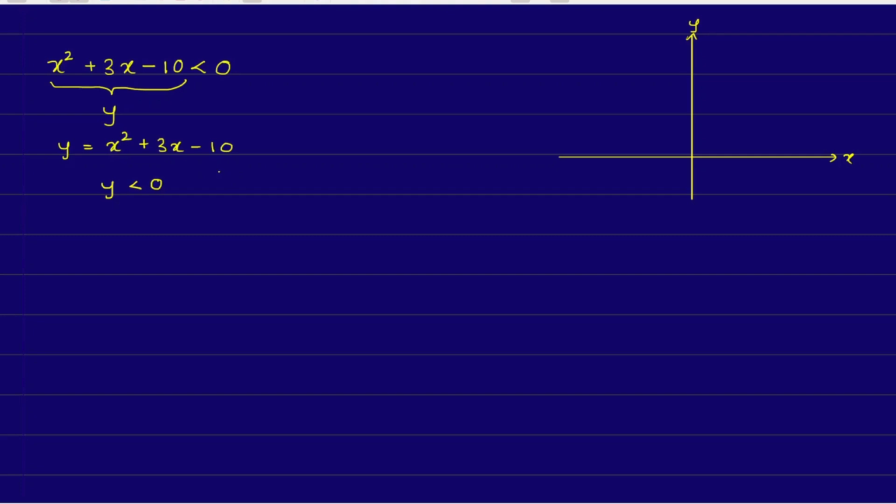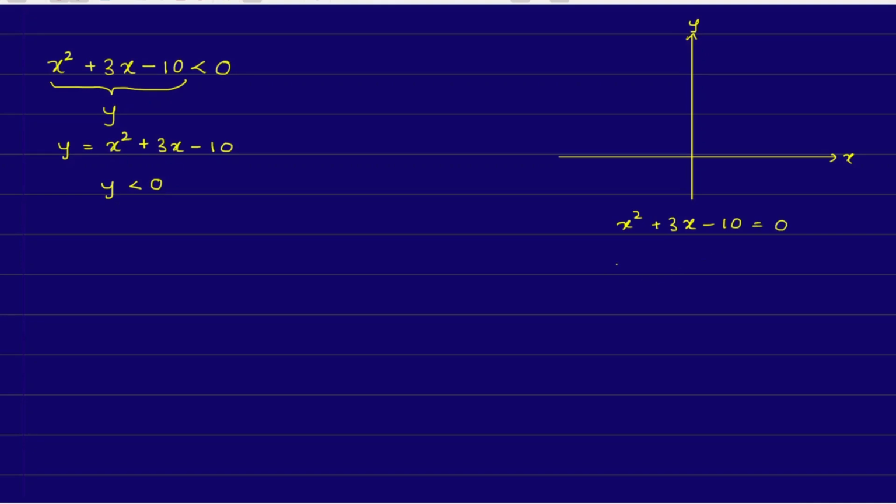So the next thing that we need to do to sketch this curve is to find the points at which the curve cuts the x-axis, which means find the values of x for which y is equal to 0. Therefore, we need to solve x squared plus 3x minus 10 equals 0.